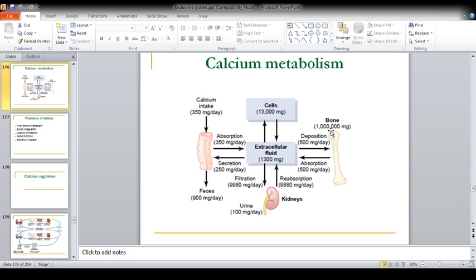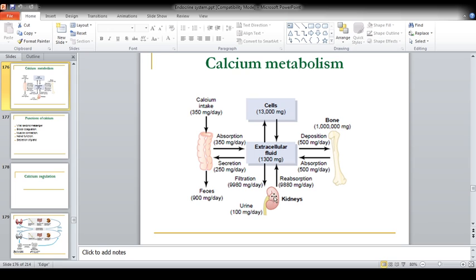The total calcium present in the bones makes up about 1,000,000 milligram, or 1000 grams, of calcium. So 500 milligram calcium is deposited in the bones, and 500 milligram calcium is reabsorbed from the bone into the extracellular fluid.